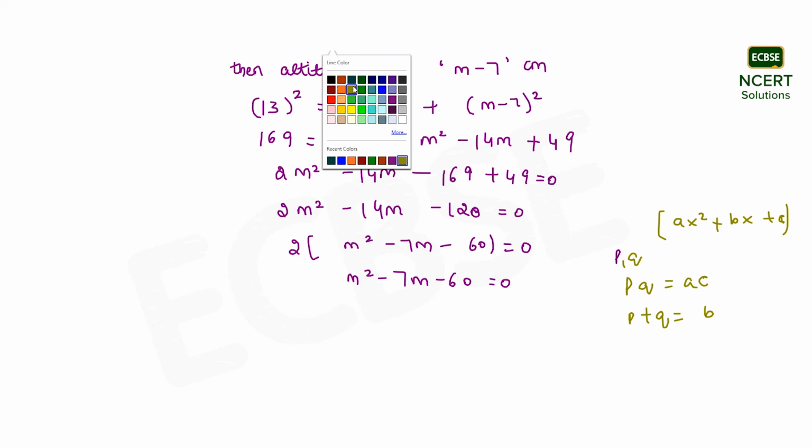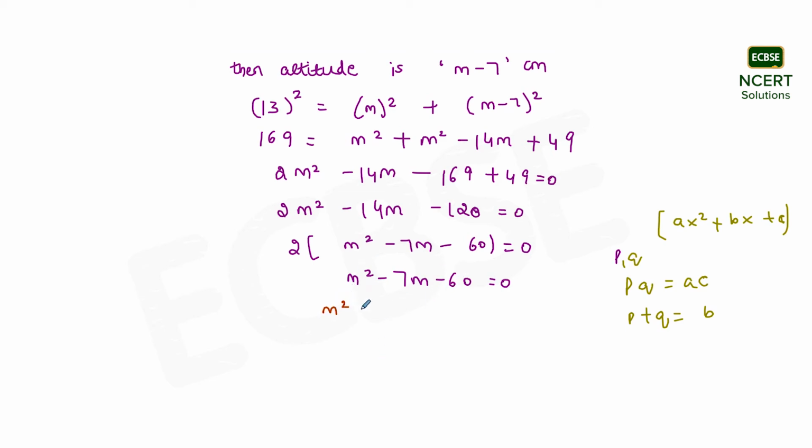So by performing the prime factorization of 1 into 60, which comes out to be 60, the terms will be m square minus 12m plus 5m minus 60 is equal to 0.